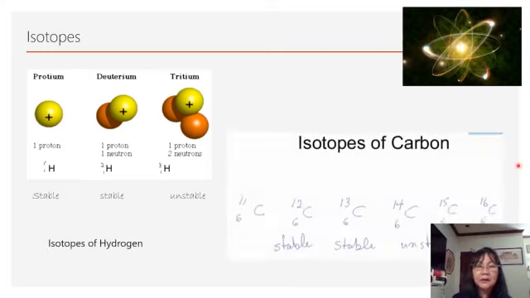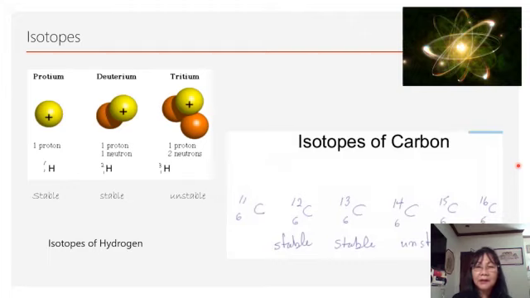So another kind of element, carbon, has several isotopes as well. So carbon 11 is rare. It's not very abundant. The most stable is carbon 12, and this is most of the carbon that is present in all the carbon-containing compounds around us.